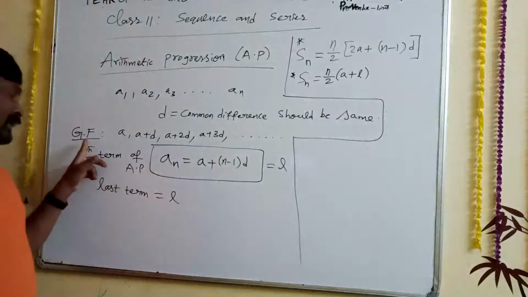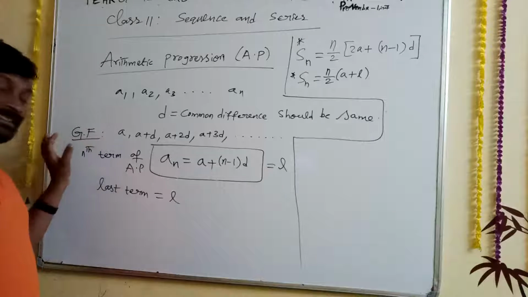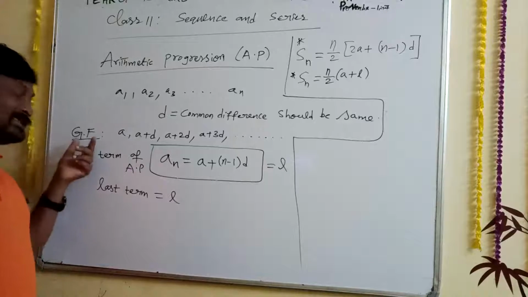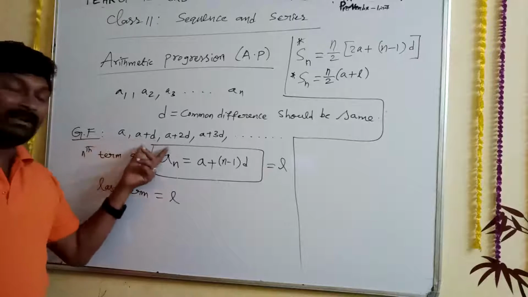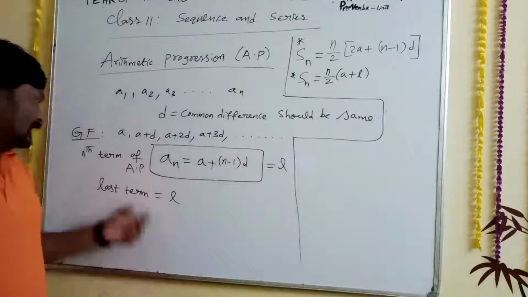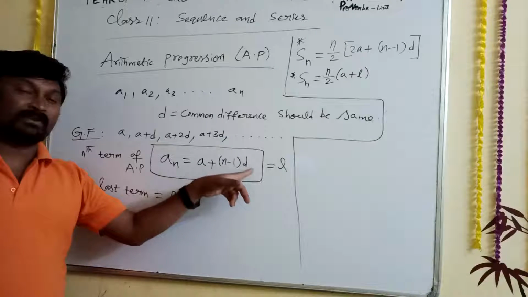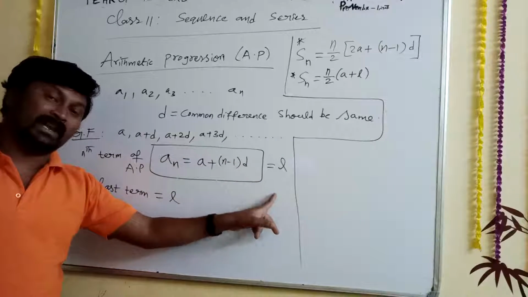Now what is GF? GF is nothing but general form. General form is A, A plus D, A plus 2D, A plus 3D and so on. Now nth term formula is An is equal to A plus n minus 1 into D. This nth term we also call the last term L.